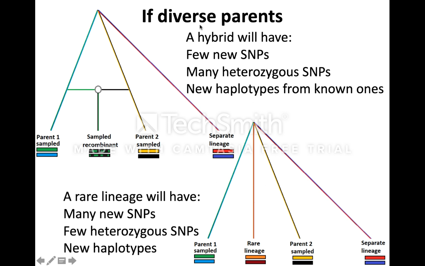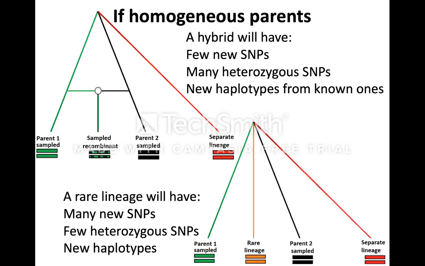So this is a model of the ancestry here. This is if the parents are diverse, which makes it much easier to capture these signals. If the parents are somewhat homogeneous, we may have a different story where the parental alleles are very, very similar, and therefore distinguishing between the patterns of our hybrid and one that is rare is more difficult, because it depends on how divergent the parent was and how separate this particular lineage was as well.